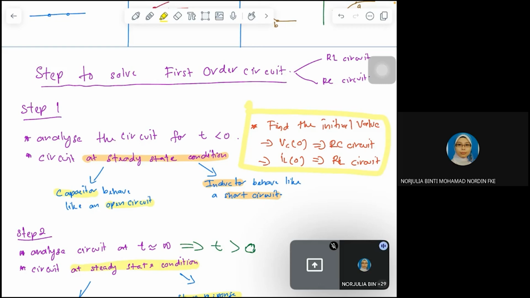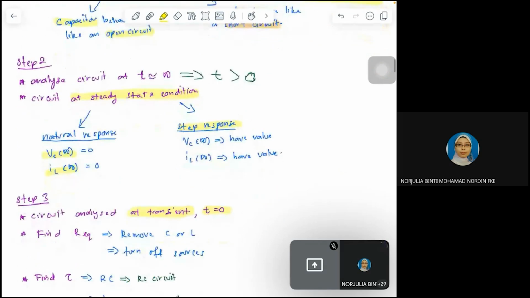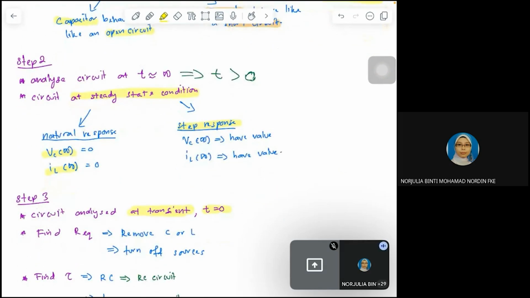Next, move to the second step. At step two, this is where you are analyzing your circuit at t after zero. At this moment, we are assuming that your circuit is approaching infinity, where it falls at the steady state condition.